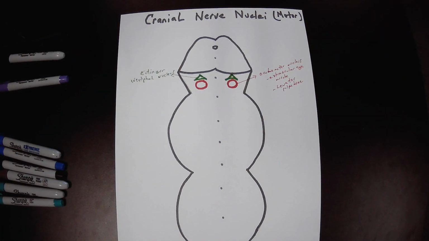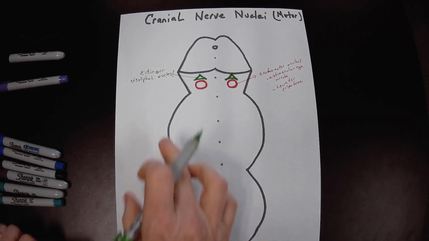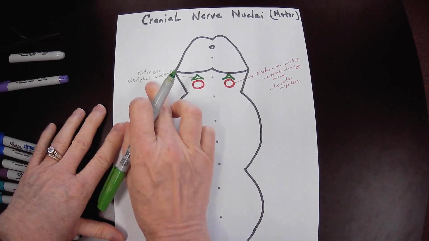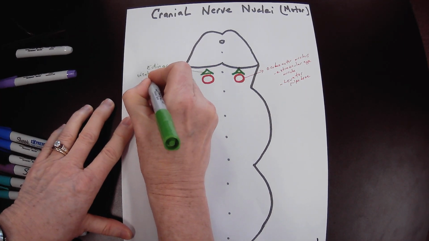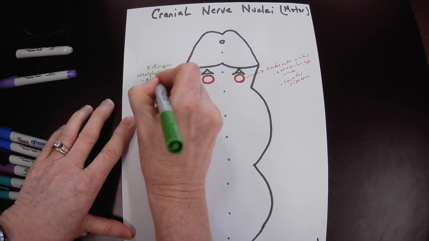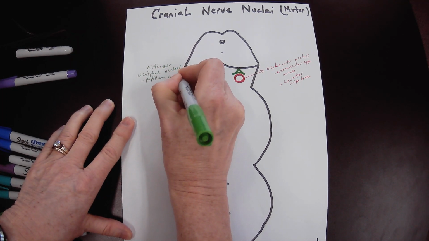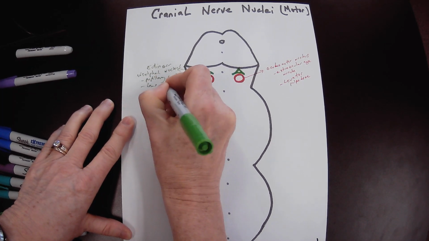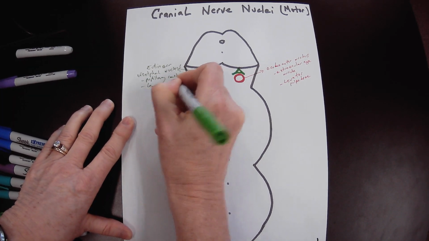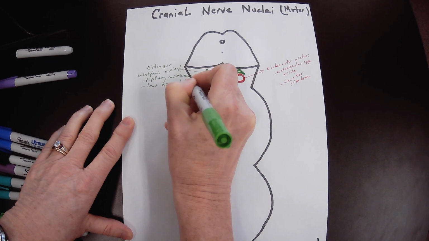Since it's green, associate green with the parasympathetic activity. Parasympathetic activity that is under the control of Edinger-Westphal nucleus is going to be pupillary constriction and lens accommodation, which just means changing the shape of your lens.